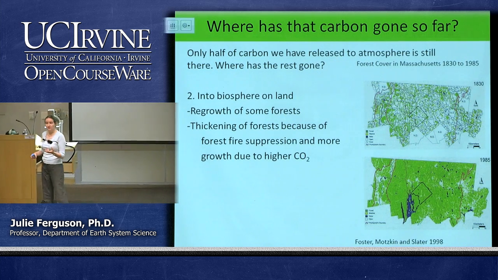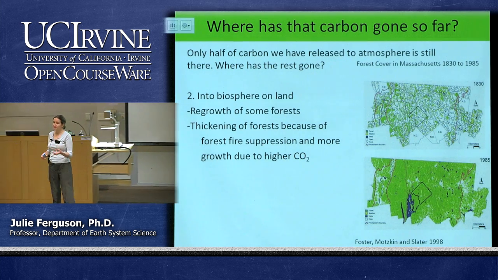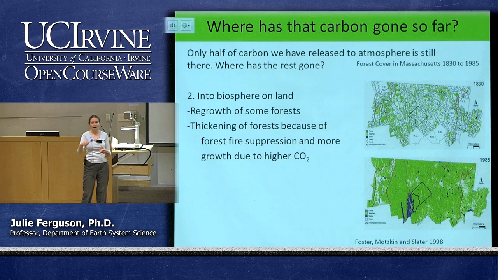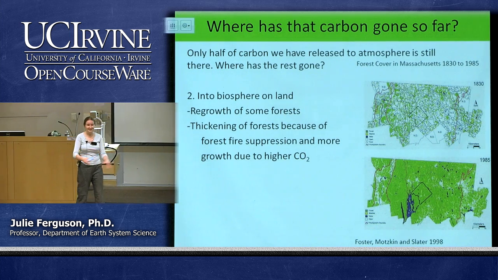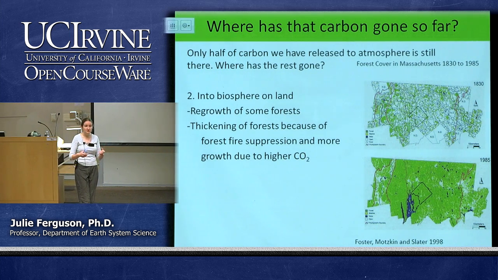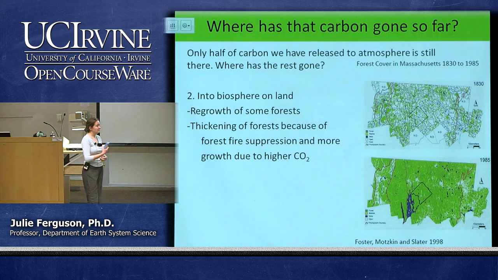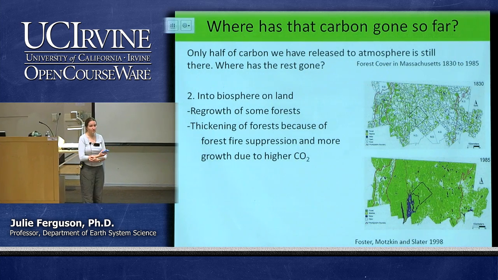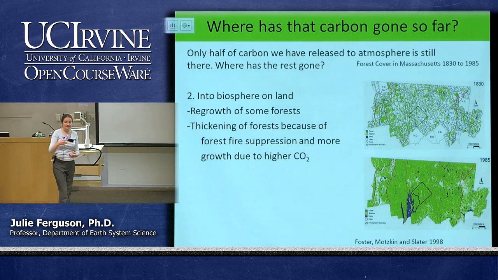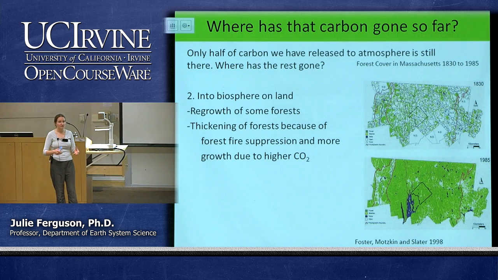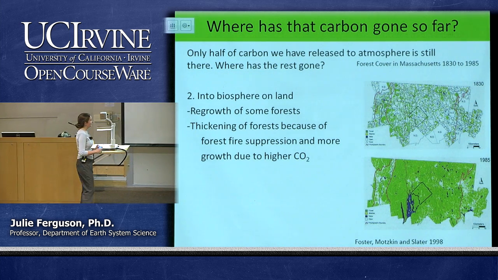It's one of the reasons that forest fires now are so intense and so damaging, because we haven't allowed these frequent fires to clear out the undergrowth. And so when they do catch fire, they tend to be much, much stronger, more intense and more damaging. And so that's also increased the amount of carbon locked away in the biosphere here.